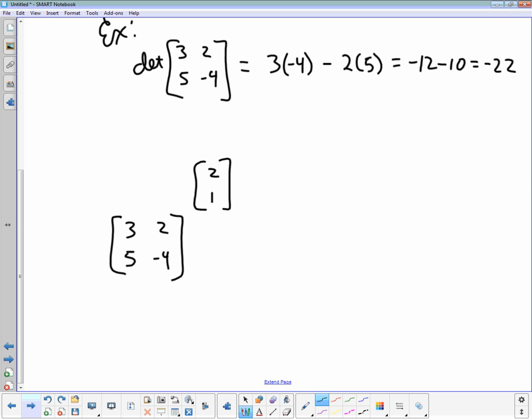It would produce 6 and 2, which gives me 8. 10 and negative 4, which gives me 6. So it took the point 2, 1 and brought it to 8, 6. Okay? It basically shifts my point to another spot on the coordinate plane.